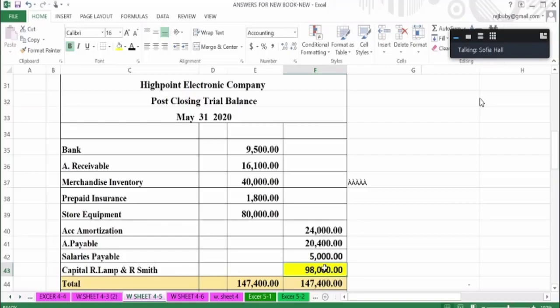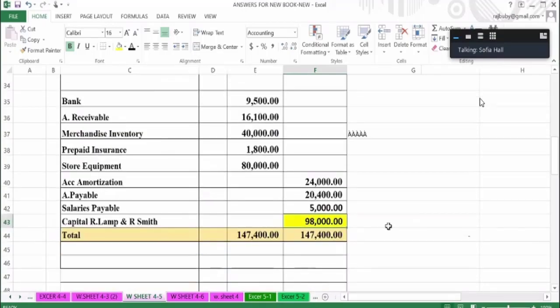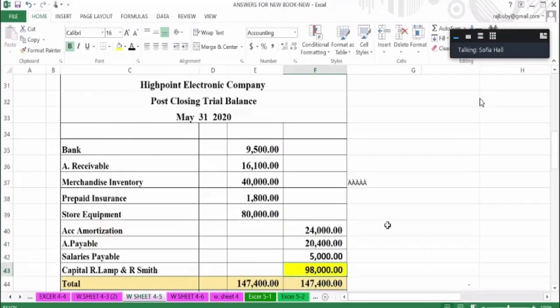But after your profit and drawings, your new balance is going to be 98,000. Then this is the last part. Prepare the closing entries, calculate the owner's equity. The third C is prepare the post-closing trial balance. That is this.